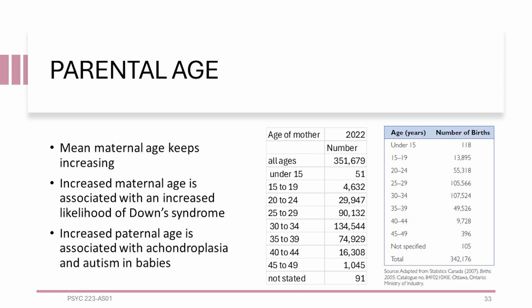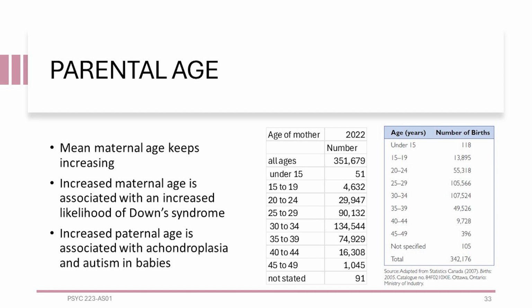I have come across some newer statistics from Canada, showing that the trend of women having children at older ages continues. While teen pregnancies still occur, they are becoming increasingly rare.